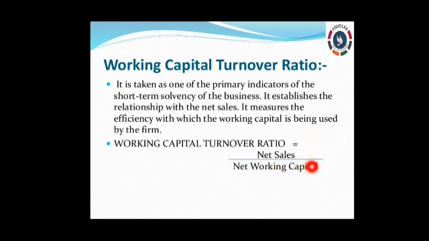The working capital turnover ratio reflects the efficiency with which working capital is used by the firm, how effectively and efficiently the company uses its working capital. The formula is net sales divided by net working capital. How do you find working capital? Current asset minus current liabilities.